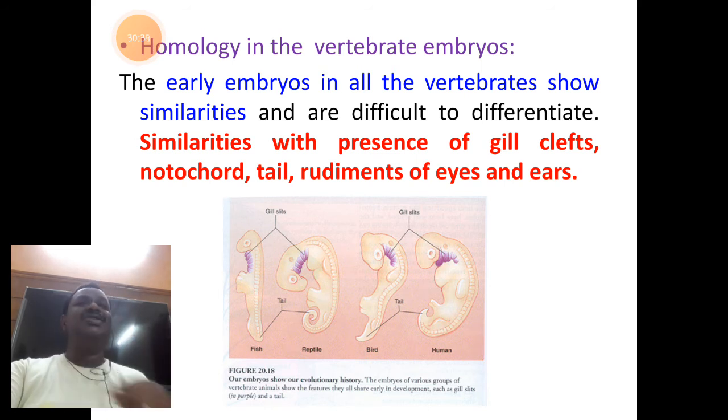So these gill slits help them to have this breathing process. And you can also find a tail in all these organisms. So presence of tail and presence of gill clefts are common in the embryos here.